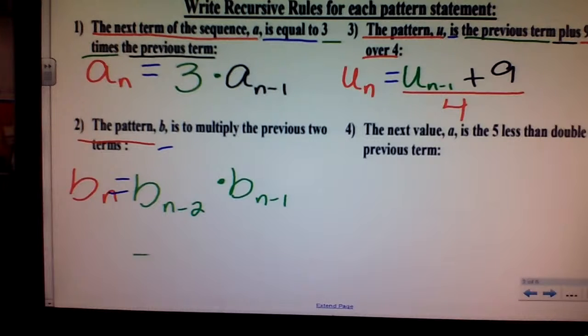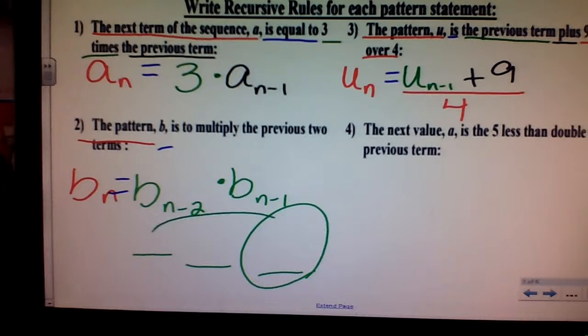So basically, to find this number, I need to go here and multiply that against here. The next value, the next term, the pattern. It all means A sub N, B sub N, U sub N.